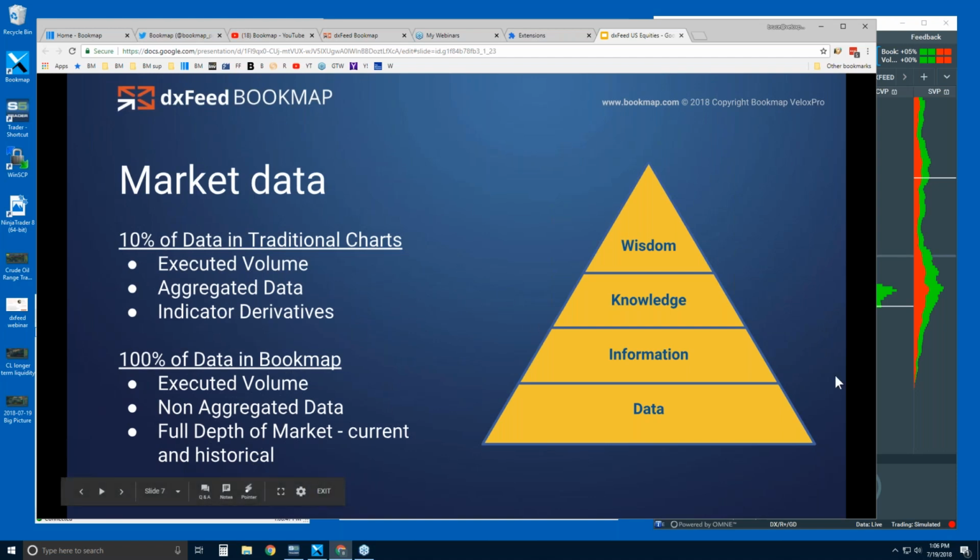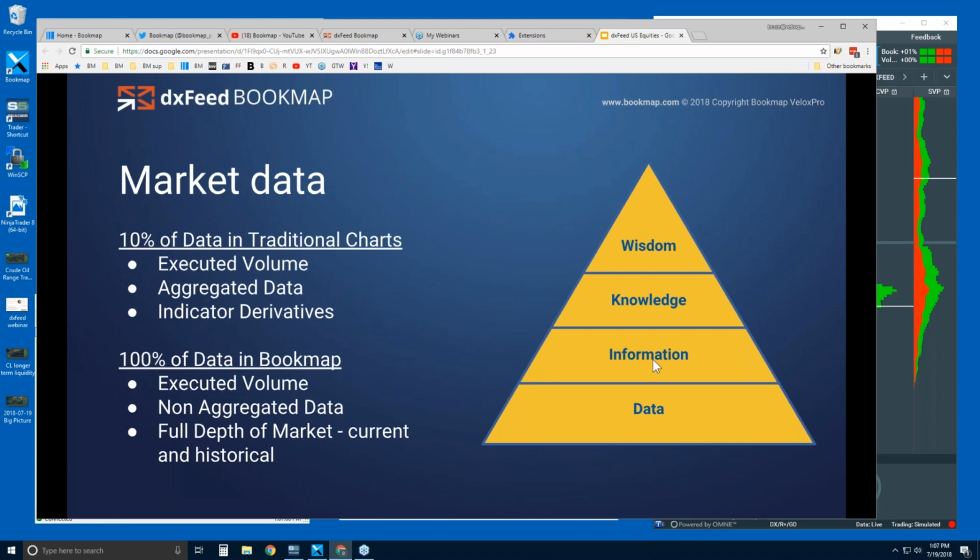It's important to note that at the bottom of the trading pyramid is data. Based on good data, or bad data, you're gaining information.